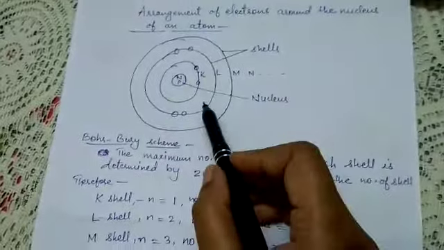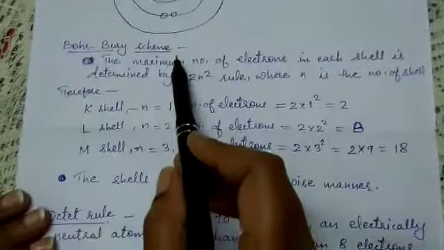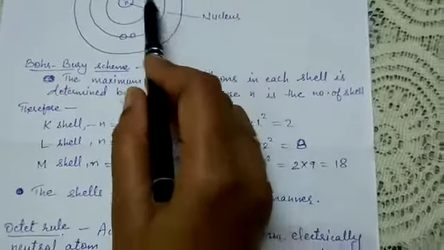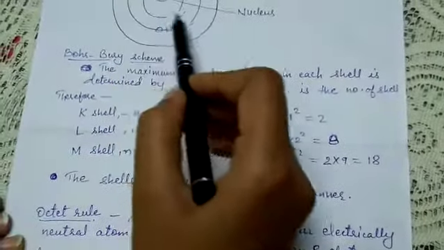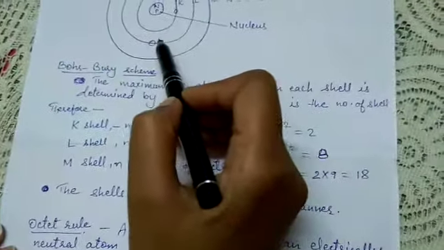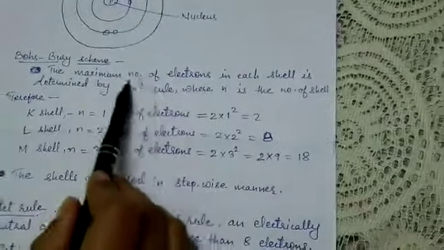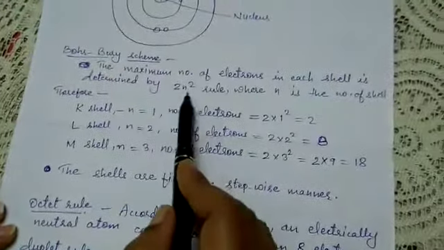Now the distribution of electrons based on the Bohr-Bury scheme. This is the naming of each shell, that is K, L, M, N. The number of electrons in each shell is decided by the Bohr-Bury scheme. The maximum number of electrons in each shell is determined by the 2n square rule.